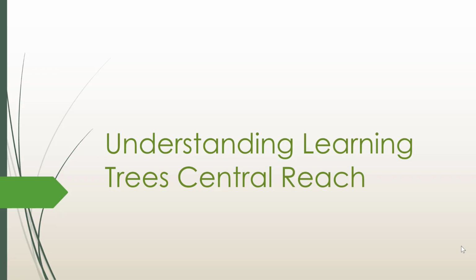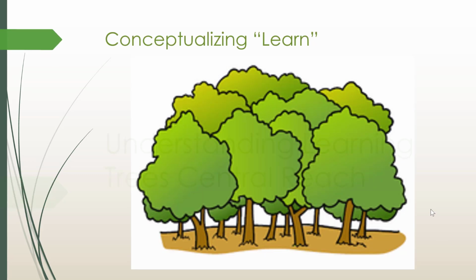First, we're going to start with a conceptualization of understanding learning trees in Central Reach. This is about understanding how the program notebook, that's usually paper and pencil, transitions to an electronic binder. The program binders are called learning trees.